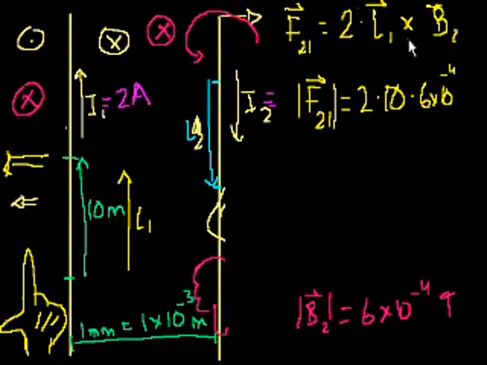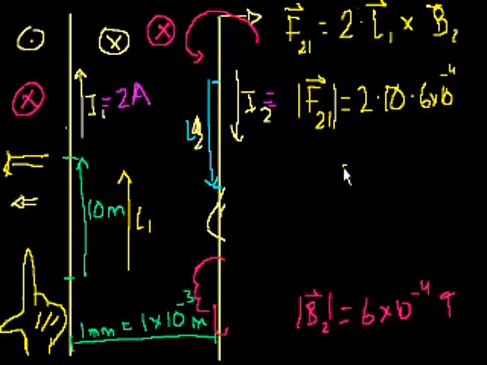And then when you take the cross product, you take the sine of the theta between these 2 vectors, right? But they're perpendicular. The magnetic field is going into the page, while the direction vector of the wire, the length of the wire, is going along the page, so they are perpendicular. So the sine of theta just comes out to be 1. When things are perpendicular, you don't even have to worry about that sine theta. You can almost just multiply the terms and then use your right hand rule for the direction.